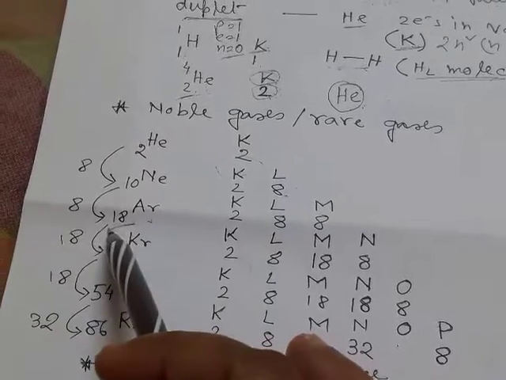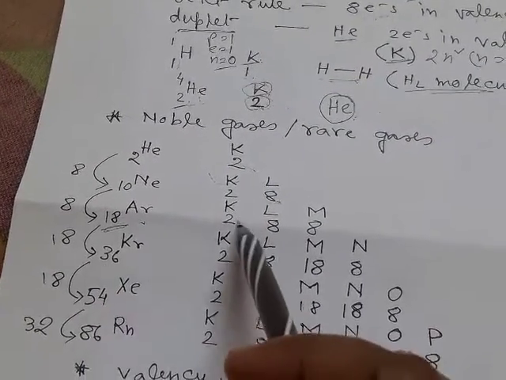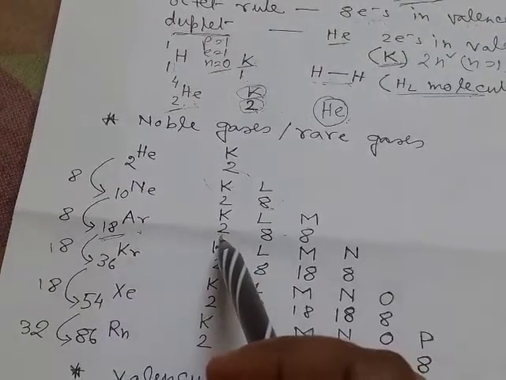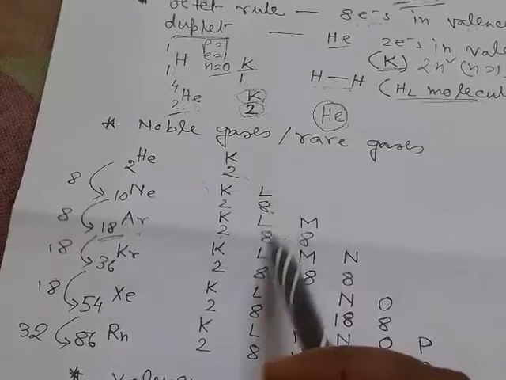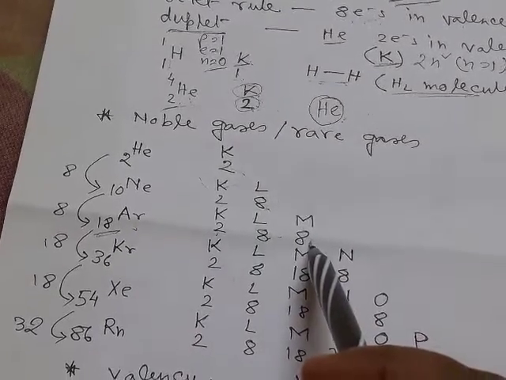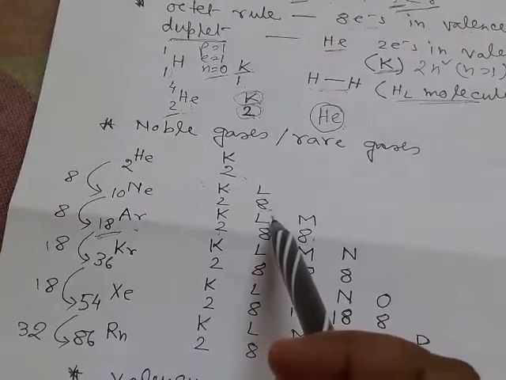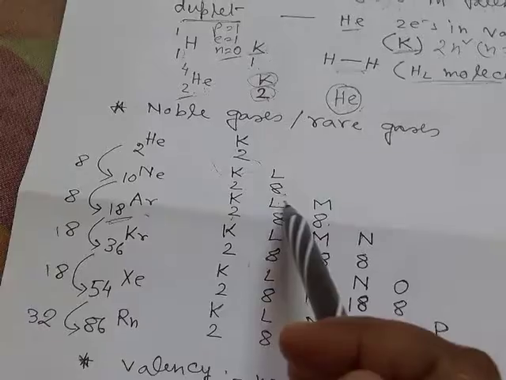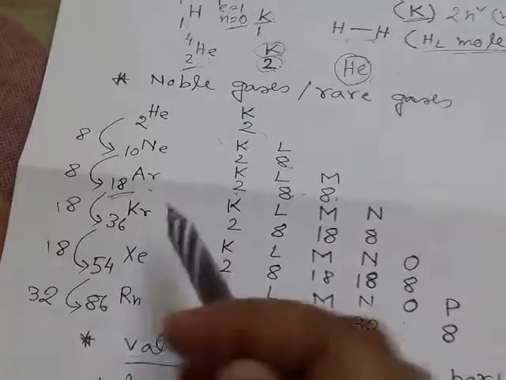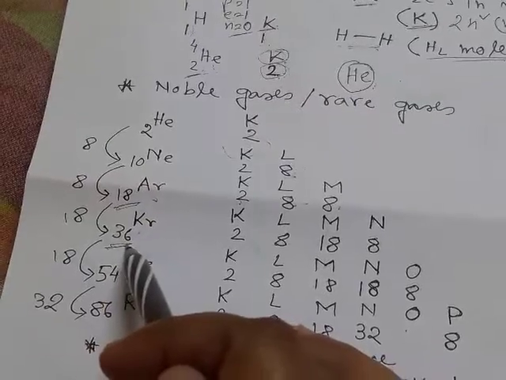Argon has atomic number 18, so the 18 electrons will be distributed as 2 electrons in K shell, 8 electrons in L shell and 8 electrons in M shell. As we know, the maximum number of electrons that can be present in the L shell is 8 from the 2n square rule. Now for krypton, the atomic number is 36.